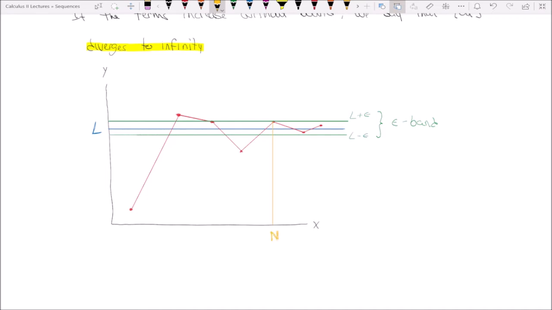So for any term in the sequence to the right of this line would fall within this epsilon band.